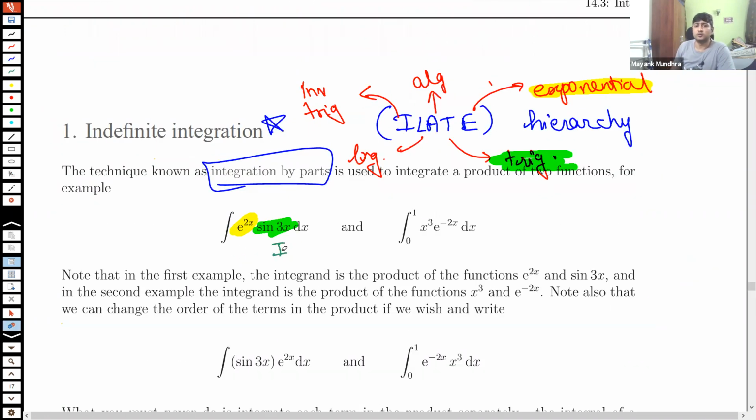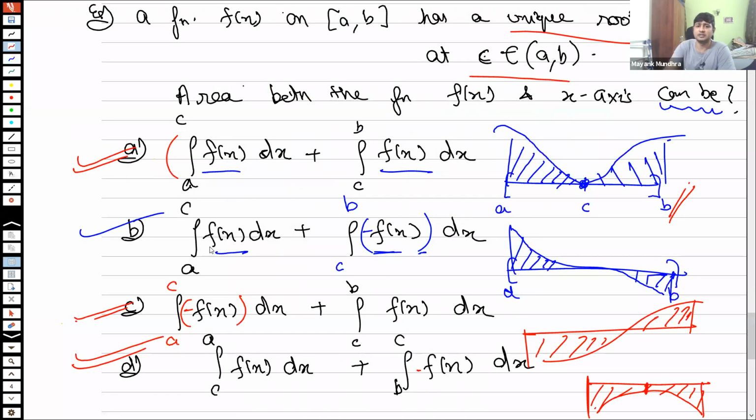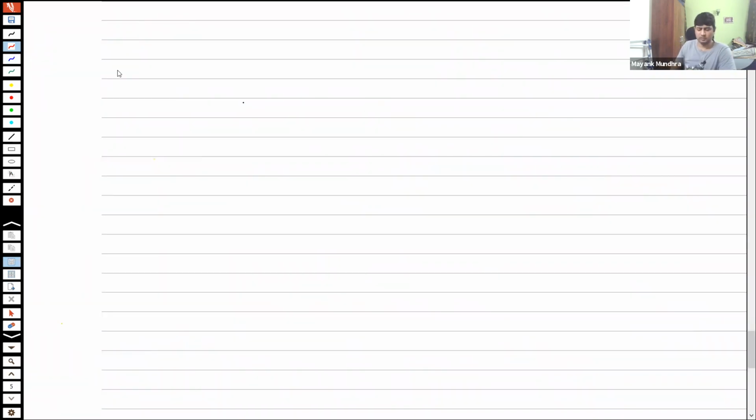All right, so first function into integral of second. So integration of e to power 2x sine 3x dx. So let me do that. Integration of e to power 2x sine of 3x dx. As I told you, this is going to be my first function and this is going to be my second function according to the ILATE regime.